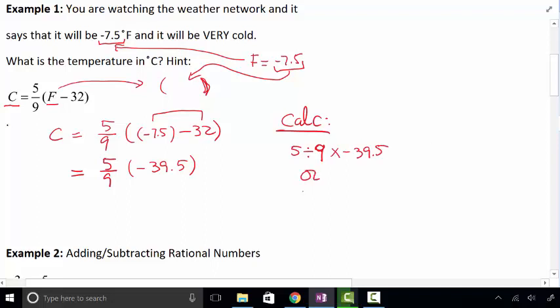Or what you can do is 5 times negative 39.5 and then divide that by 9, and that will also give you the same answer. When you do that in your calculator, you should get something like negative 21.94, repeating, I believe.